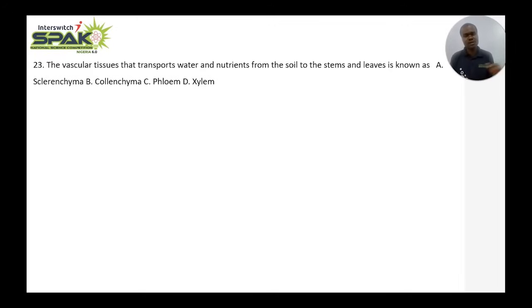The movement of manufactured food from the leaf where it is manufactured to the parts of the plant where it is needed for assimilation, and the rest to the storage organ for storage. That's translocation. And then xylem conducts water and mineral salts from the soil through the root up into the stem and leaf of the plant. So the vascular tissue that transports water and nutrients is xylem.